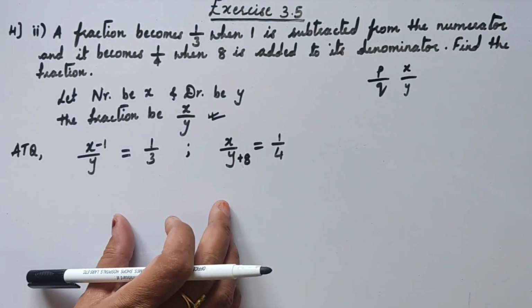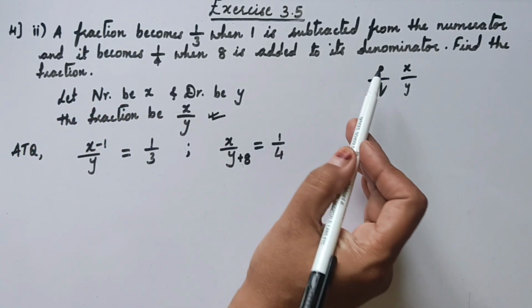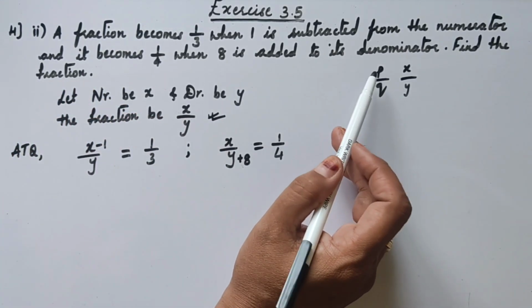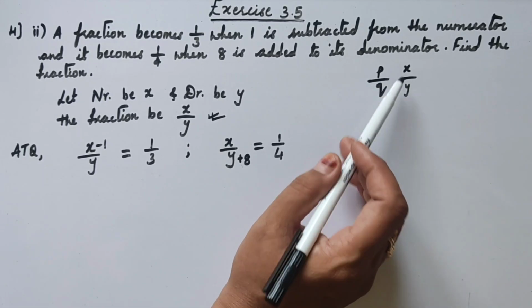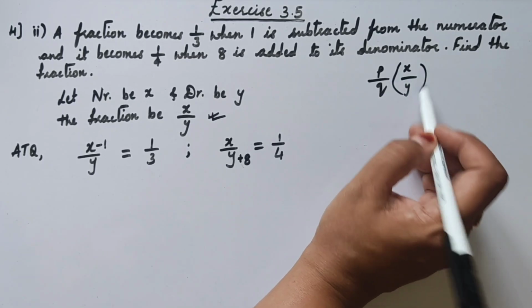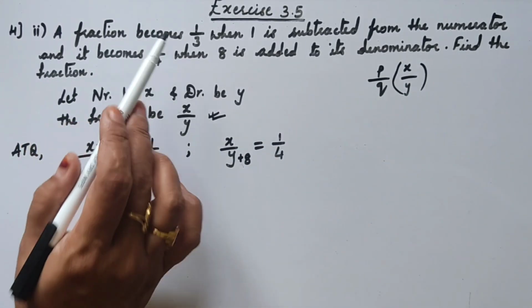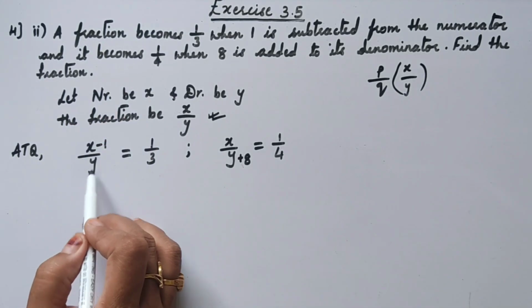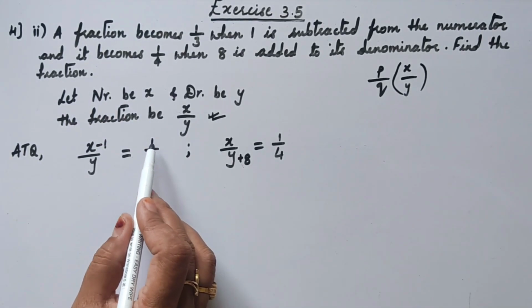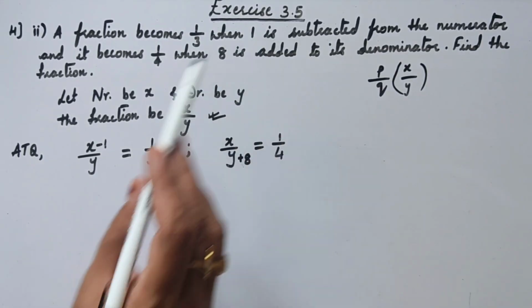Is this clear, students? Let me explain it again. A fraction means which is in the form of p by q. We'll just say let the numerator be x and let the denominator be y. So the fraction is x upon y here. Okay, now this fraction x by y becomes 1 by 3 only when 1 is subtracted from the numerator.